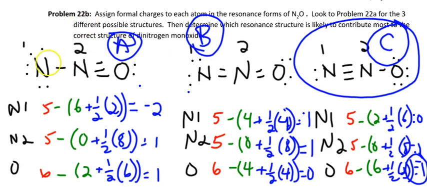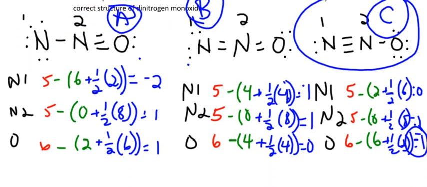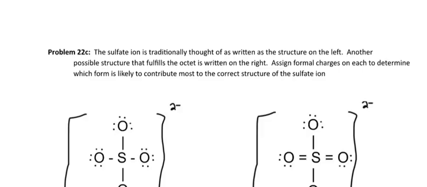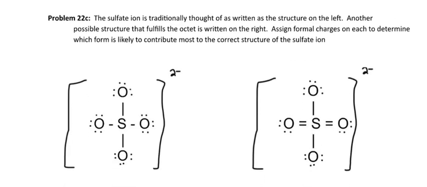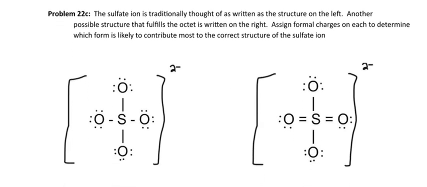Okay, let's see what problem 22C is all about. Oh, this is a great one here. So probably when you had first year chemistry, we saw the sulfate ion. It works if you count up all your electrons.